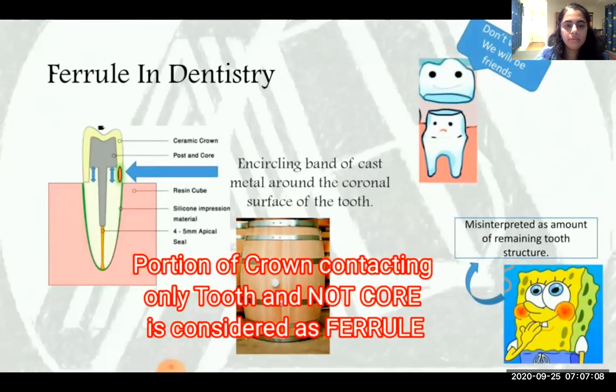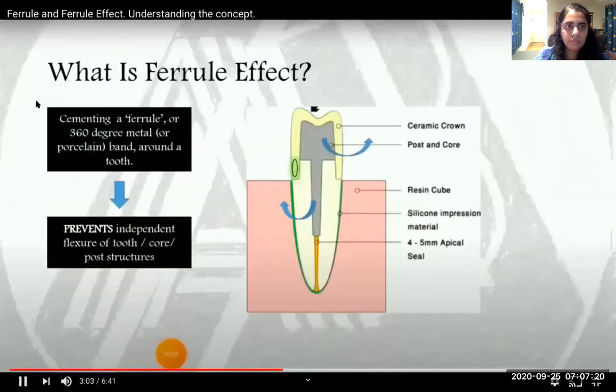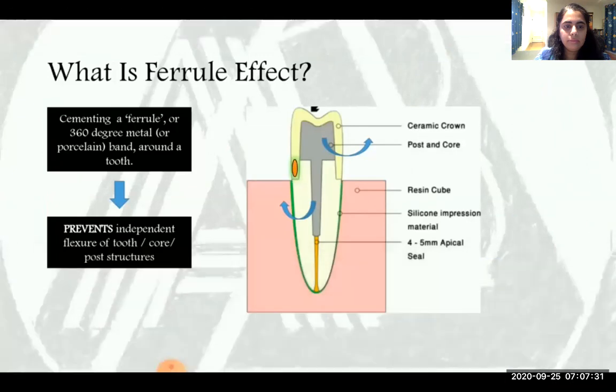Just remember that in this case, the portion of the crown which is in contact with the core build-up material is not considered. Only that portion of the crown which is in contact with the tooth structure is considered as ferrule. So on cementing the prosthesis, this shaded area forms a ferrule and forms a 360-degree metal which encircles the tooth surface and braces the tooth.